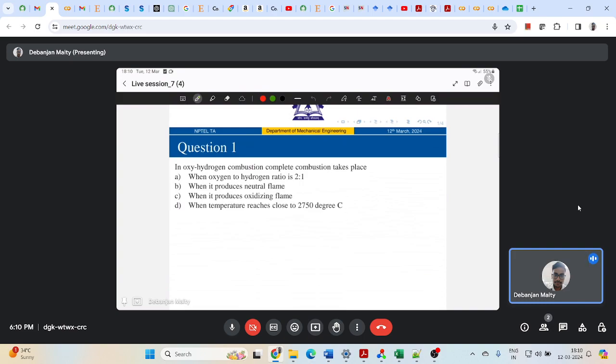The heat source is the flame due to a chemical reaction between two gases. Those two gases can be oxygen and some kind of fuel gas, like acetylene, hydrogen, methane, or propane.